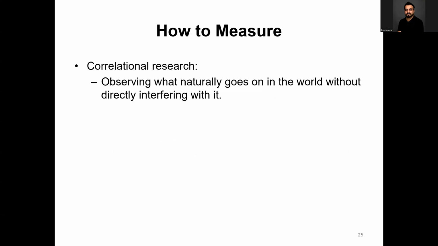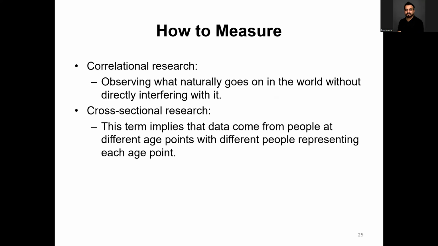There are different types of research. Research can be correlational, which is kind of showing relationship between different variables. Research can be cross-sectional. This term implies that data come from people at different age points with different people representing each age point. So in cross-sectional studies, we are trying to measure something at one cross section of time, at just one point.